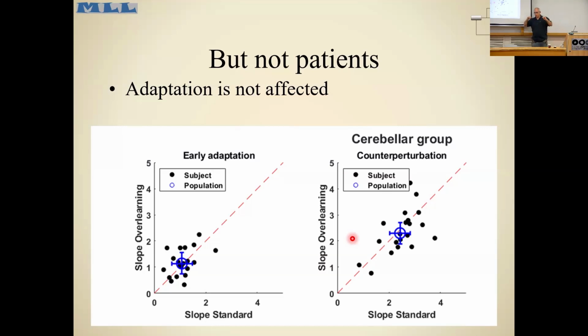Whereas the cerebellar group hasn't plateaued by the end of the standard learning, and they're still going up a little bit. So there's a small difference in the amount of slow learning that they have, and that is what leads to the difference in the spontaneous recovery. Develop patients, wait until they reach plateau, and then. Yeah, I mean, okay.